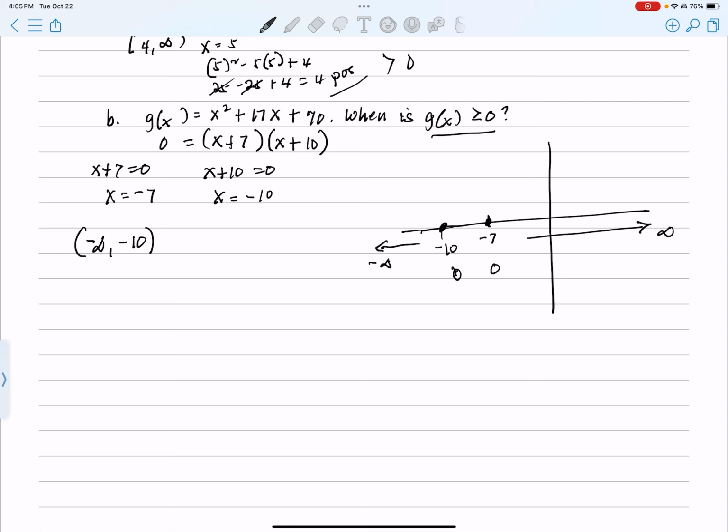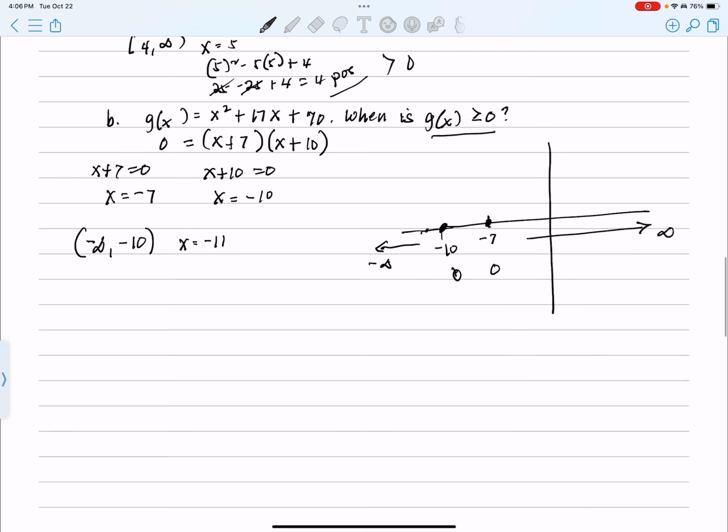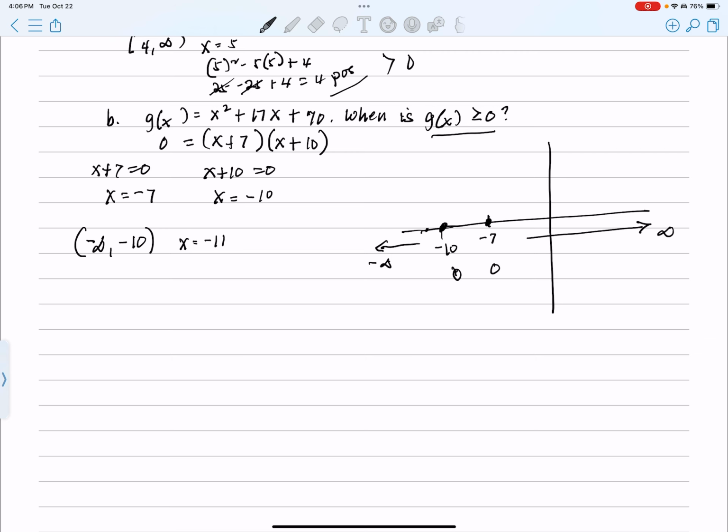Let's choose one number, let's say x is negative 11. The function is x squared plus 17x plus 70. So negative 11 squared, plus 17 times negative 11, plus 70.